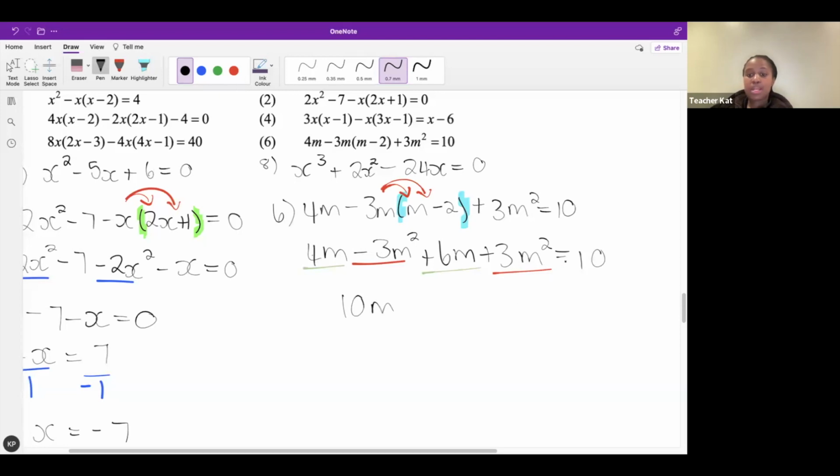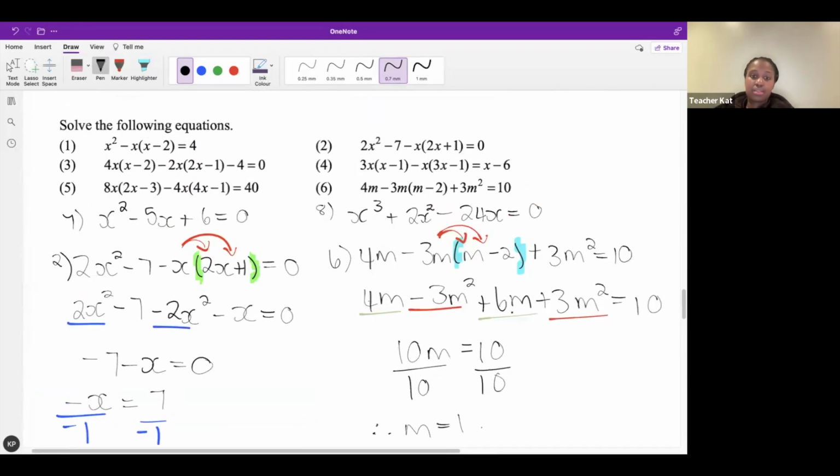And what happened with my negative 3m squared plus 3m squared? They canceled, so they're gone. So this is equal to 10. Divide by 10 on both sides, and therefore m is equal to 1. Wonderful. Now I think we deserve to do number 7 and number 8.